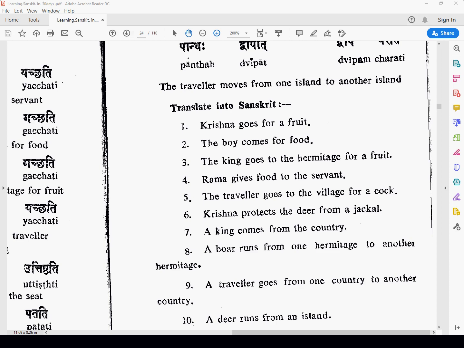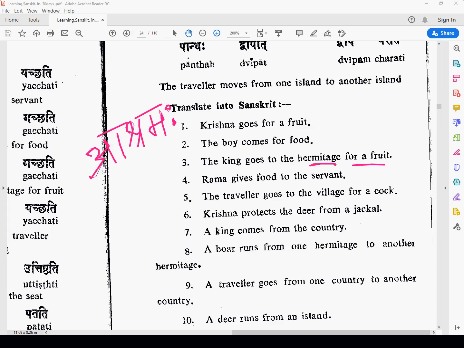Next one is the king goes to the hermitage for a fruit. Here, hermitage is ashrama. Nrupaha ashramaya or ashramartham gachati.